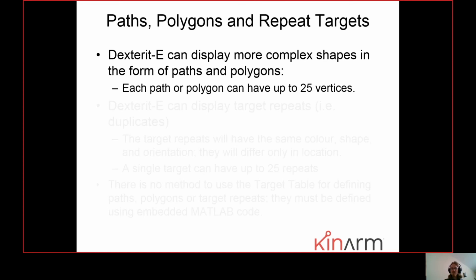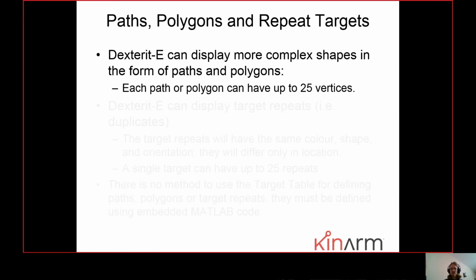We have a few extra types of targets. So there's the basic shapes: your circle, rectangle, triangle, ellipse, and line. But then we have a few other special cases: paths, polygons, and repeat targets.